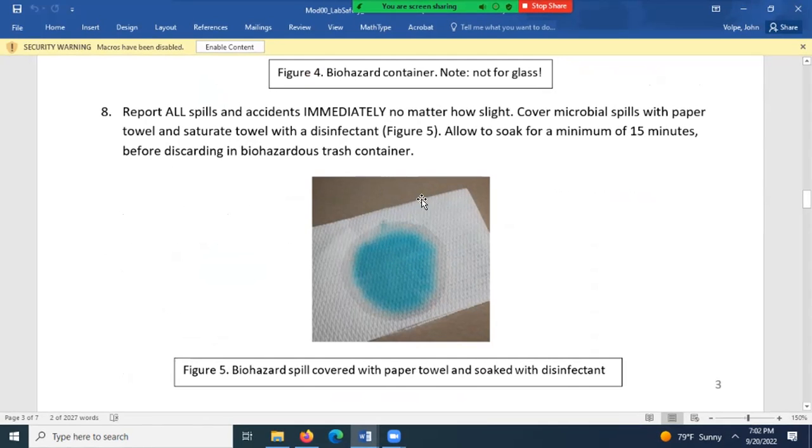Allow the disinfectant to soak for 15 minutes, and then wipe it up with paper towels and put it in the biohazard trash container. The exception is if there's broken glass or glass in there: the test tubes would be put in the test tube rack and the broken glass in the broken glass container.